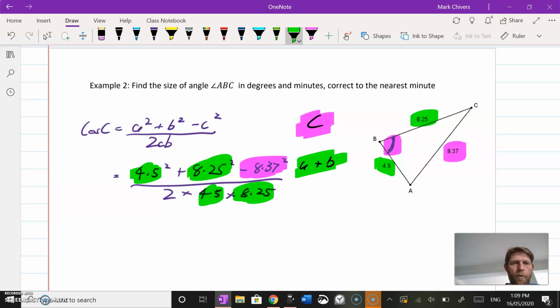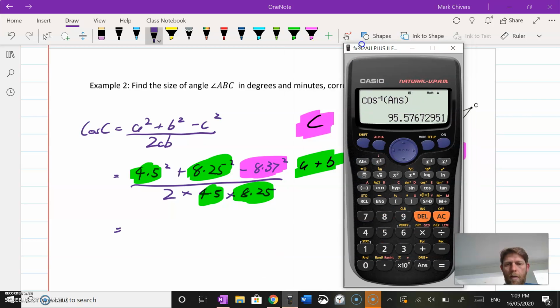Okay, so I'll put that into the calculator, and we're going to get 4.5 squared plus 8.25 squared minus 8.37 squared over 2 times by 4.5 times by 8.25.